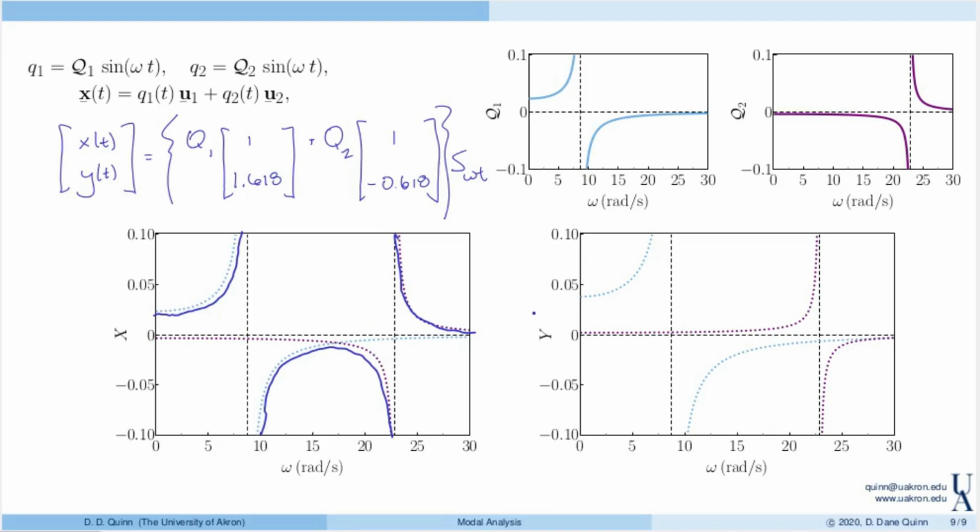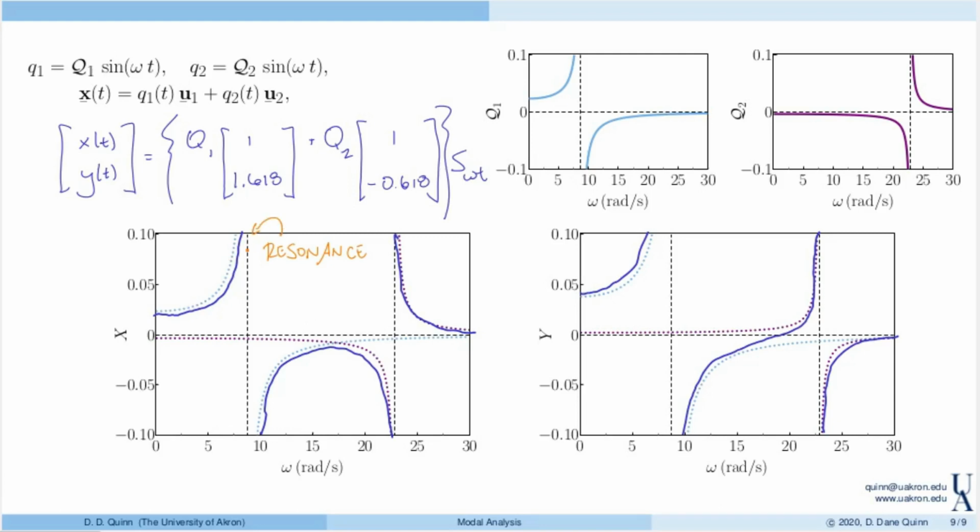And then if I look at y, the second block, again I'll just add these two together. But something interesting actually happens here. We have a resonance whenever we force at one of the resonant frequencies.